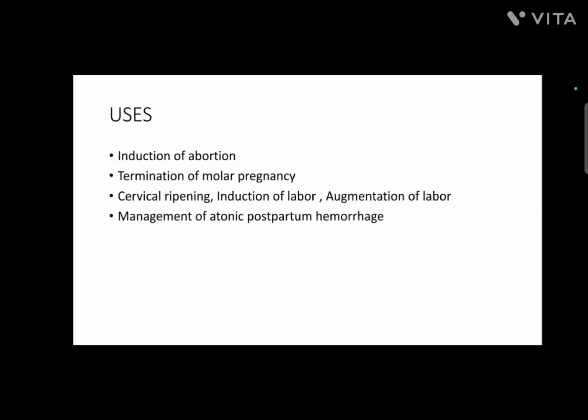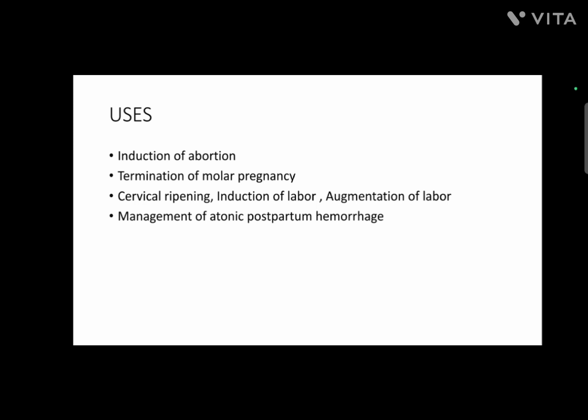So in which cases is it used? One is induction of labor, second is termination of molar pregnancies, and cervical ripening. So in obstetric cases we are using it for cervical ripening. In gynec cases we use this misoprostol in D&C cases.